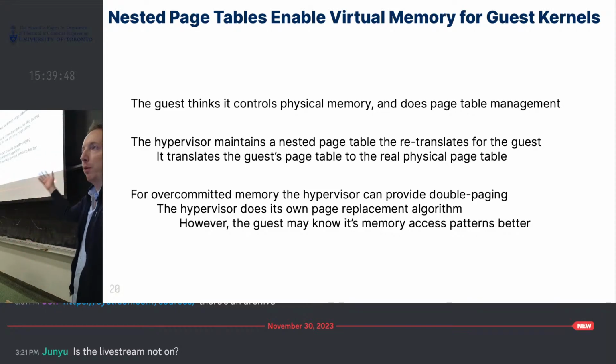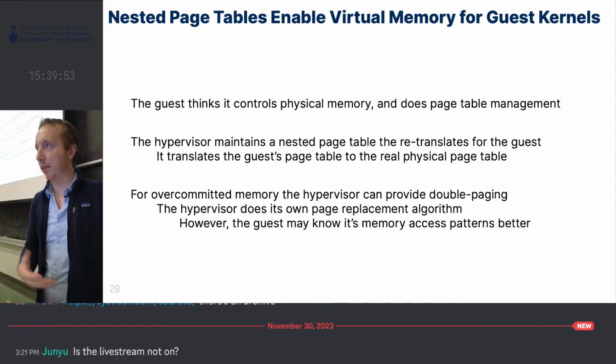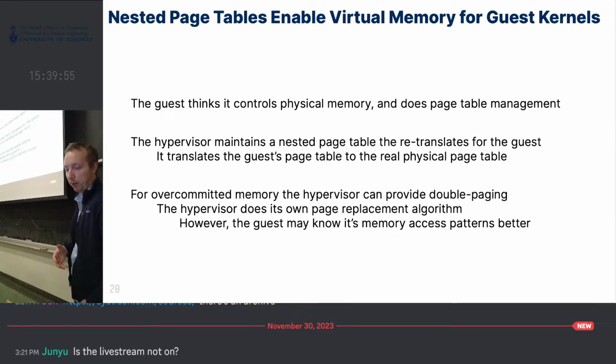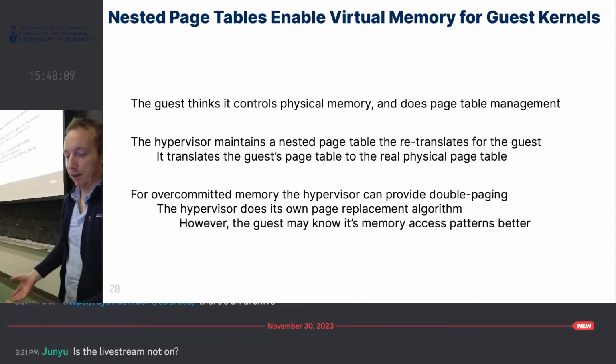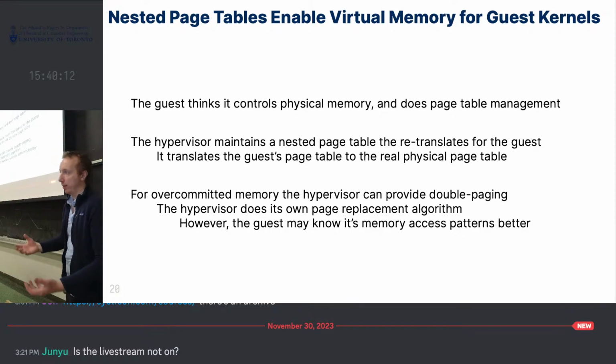So this makes both translations aware of each other, makes sure the TLB doesn't get screwed up, and does all the page table management for the virtual machines kind of for you. So the hypervisor maintains that nested page table, and then the guest would maintain their page table, but it's nested by the hypervisor, and then it would use that to translate for the guests, and there would be hardware support for that.